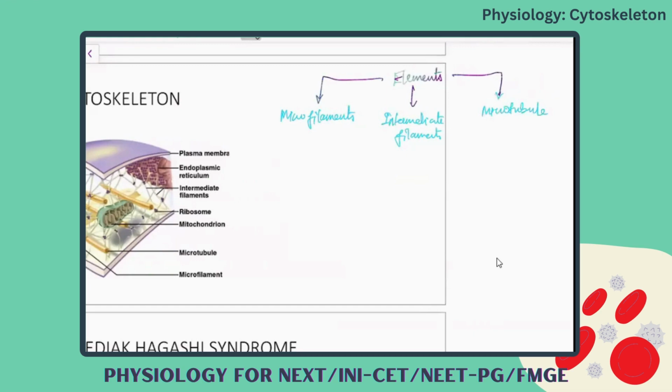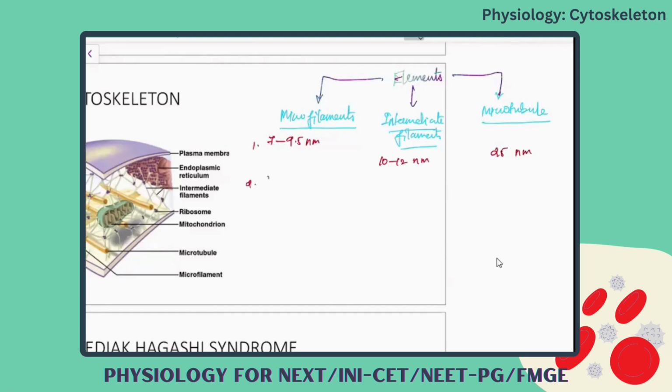I will first give you the description, then I will explain. Microfilaments are 7 to 9.5 nanometers, intermediate filaments are 10 to 12 nanometers, and the microtubule is 25 nanometers.